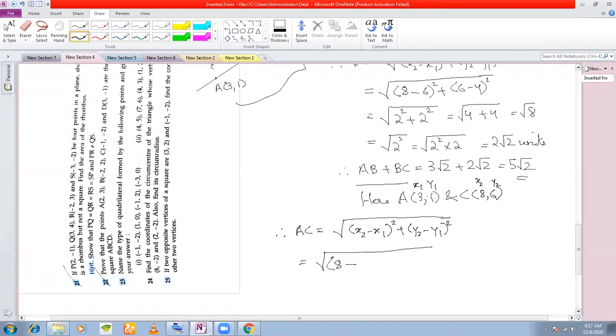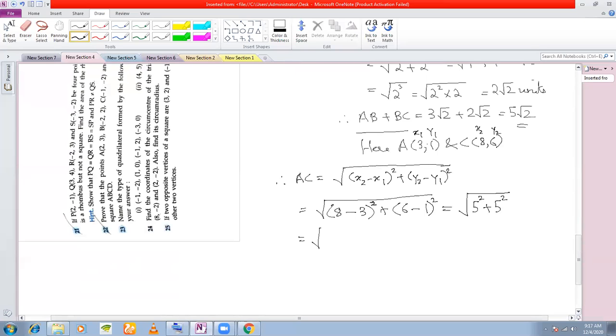So this is root over of 8 minus 3 is 5, 6 minus 1 is also 5. The root over of 25 plus 25, which is root 50. And root 50, if you prime factorize, you will get this as 2 into 5 square, which is 5 root 2 units.